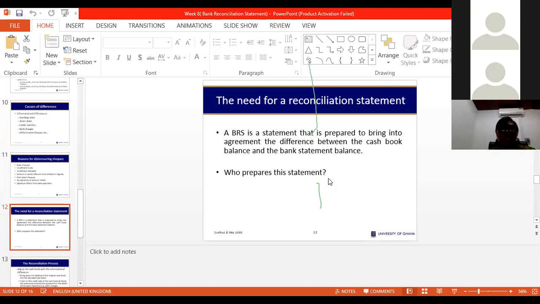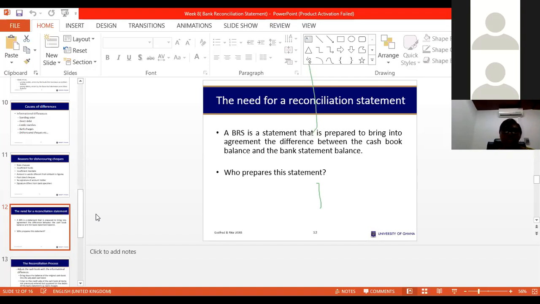Okay, so whilst we wait for Ohene's question, why do we need to prepare a reconciliation statement? I've just told you why the balance on the bank column of the cash book and the balance on our bank statement may not agree.